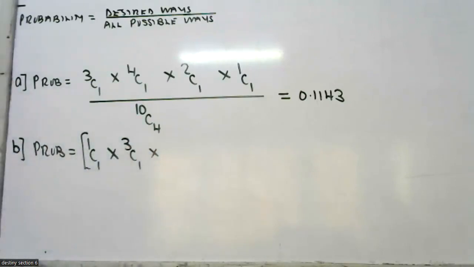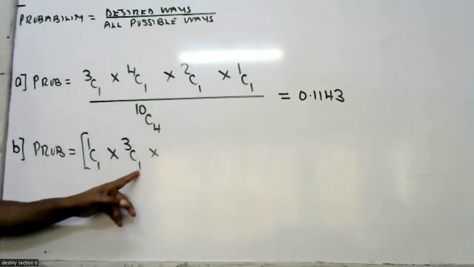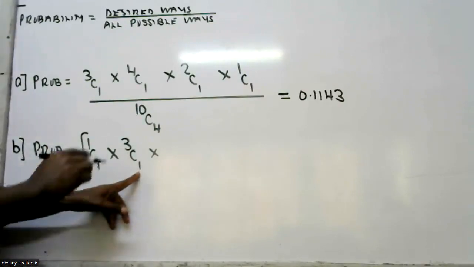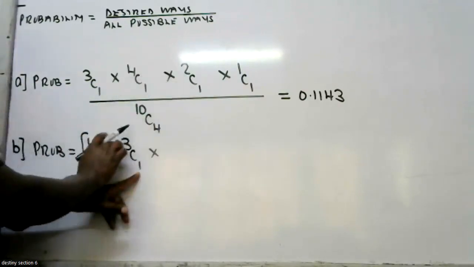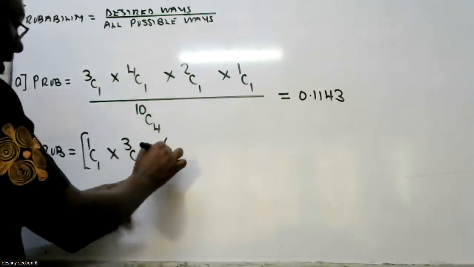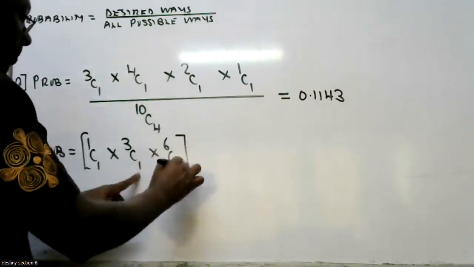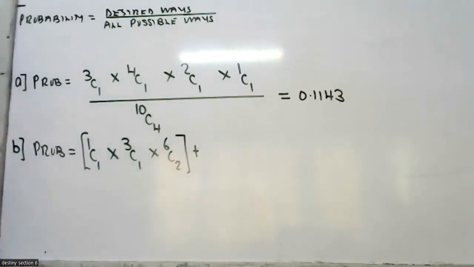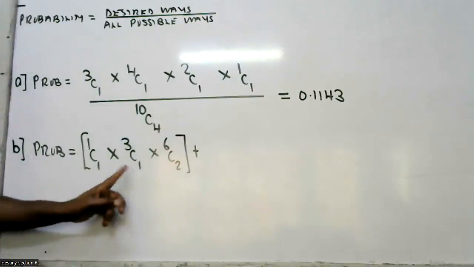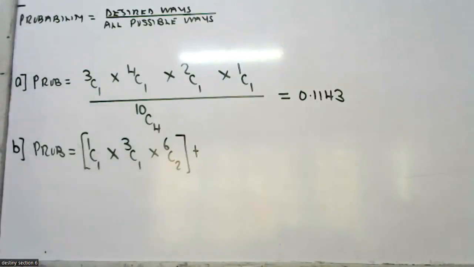So far we've got our 2, so we still need 2 others, and from the 6 others, we choose 2. That is the first possibility, where we have 1 doctor, 1 economist, and 2 others.